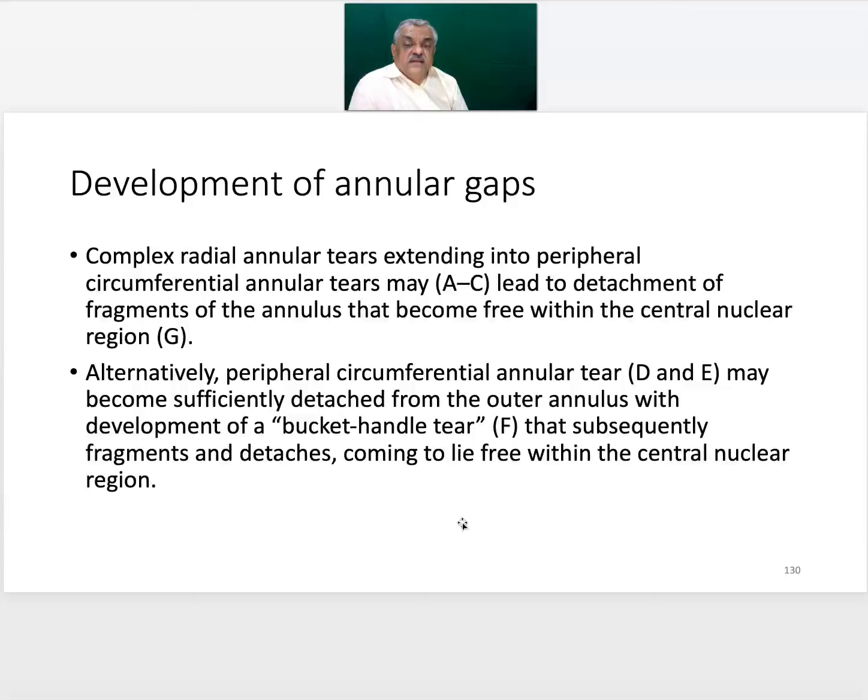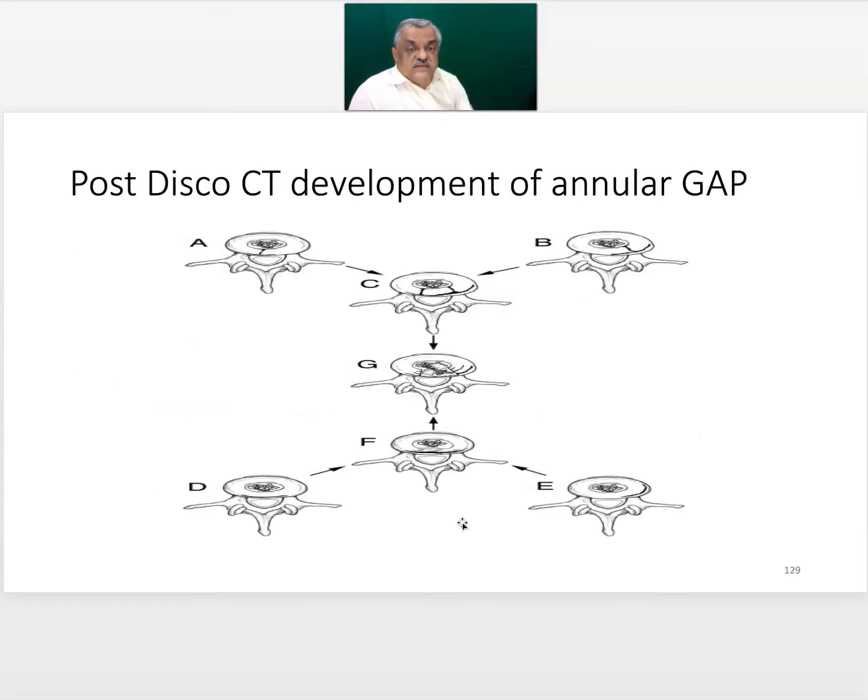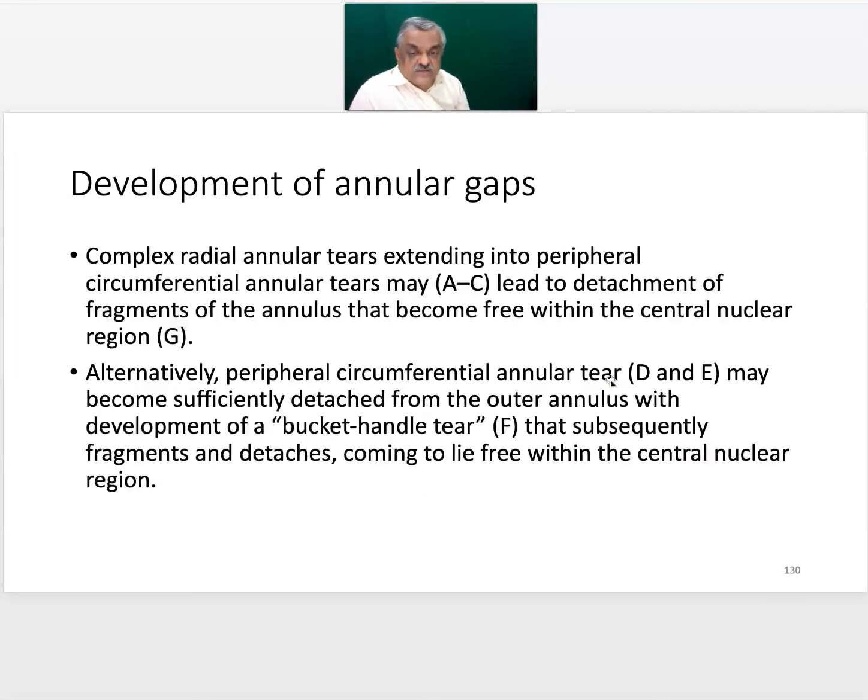Complex radial annular tears extending into peripheral circumferential tears lead to detachment of fragments of the annulus that become free within the central region. So we can see here A, B and C, they give rise to this G, the central annular fragments.